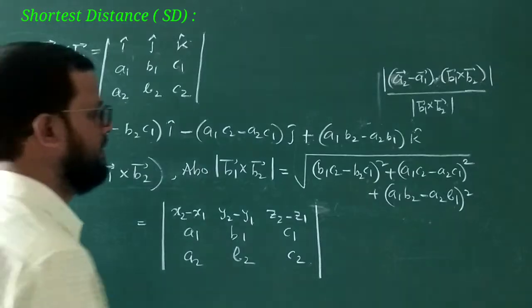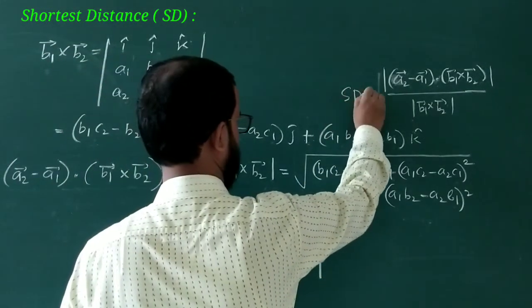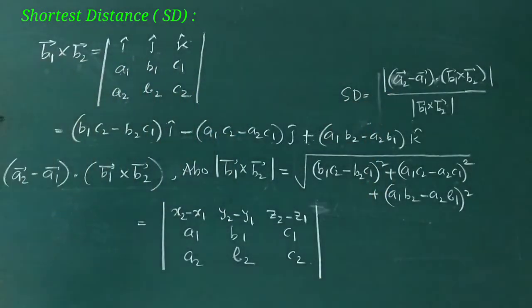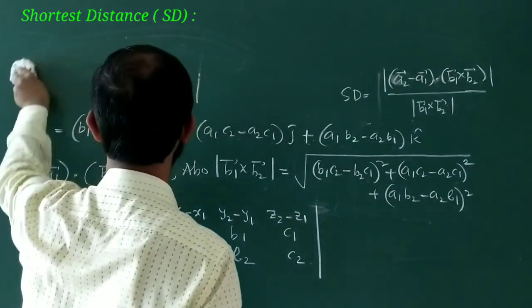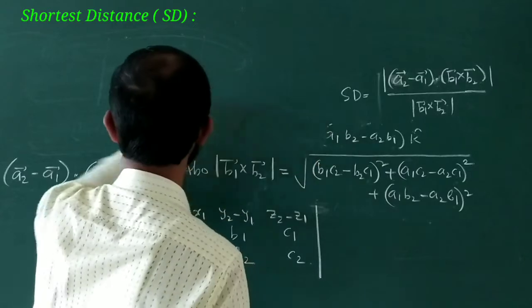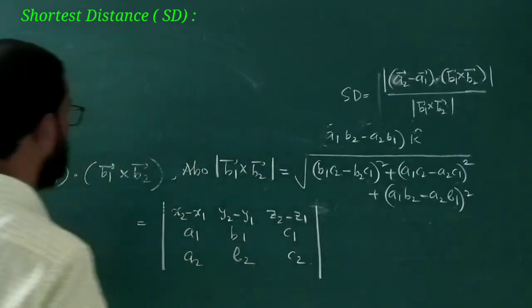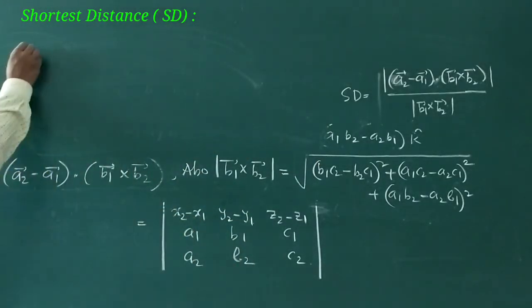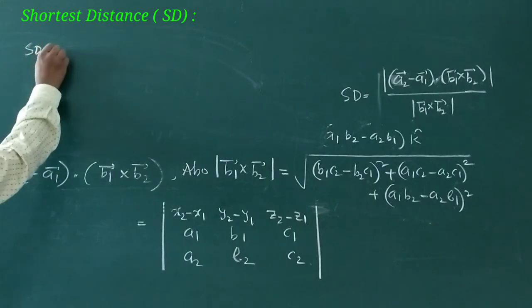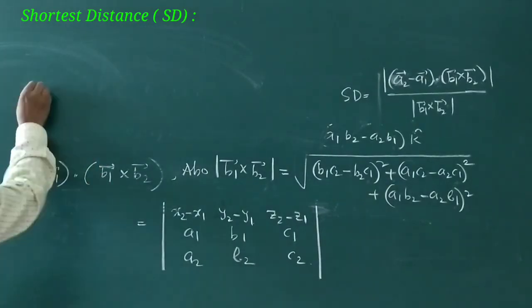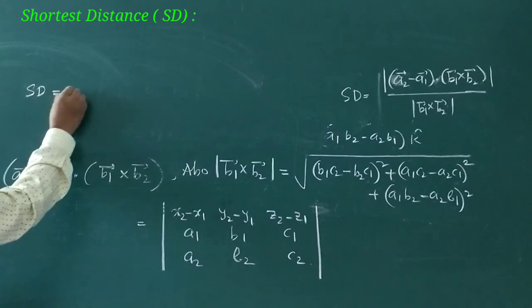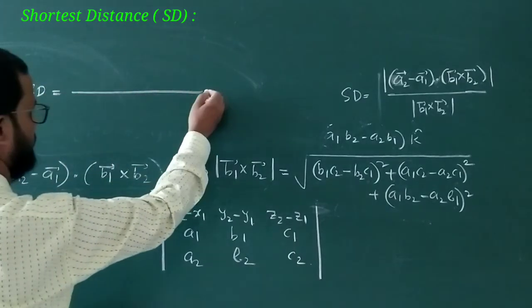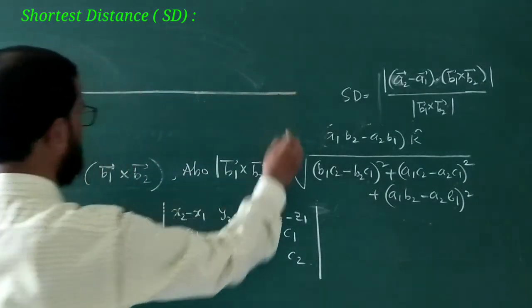So this is your SD. Putting the result in SD, you will get the Cartesian form. Therefore SD is equal to: what is the numerator?